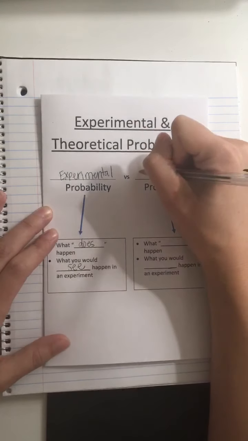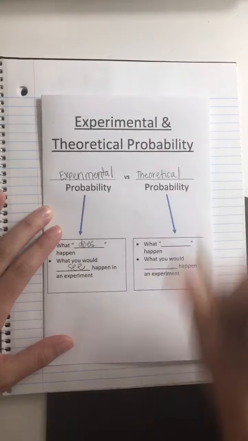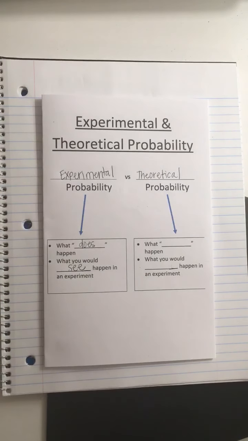Now, with theoretical probability, if you've ever heard somebody say the phrase, in theory, this is what should happen. So not necessarily what really does happen, but what should happen.